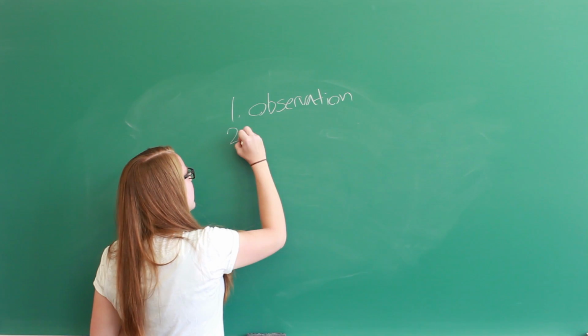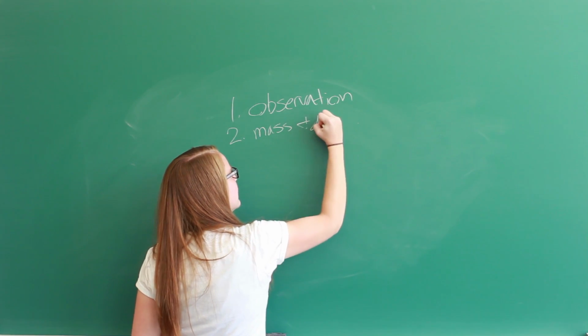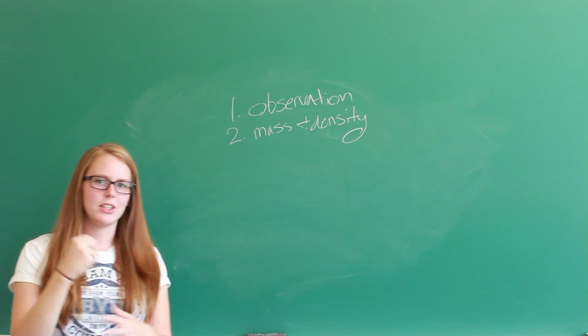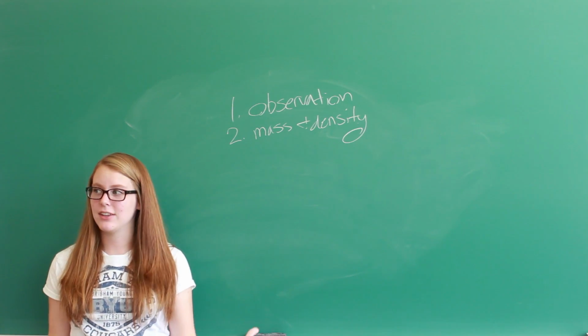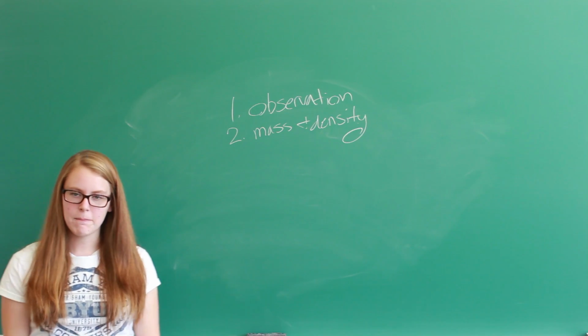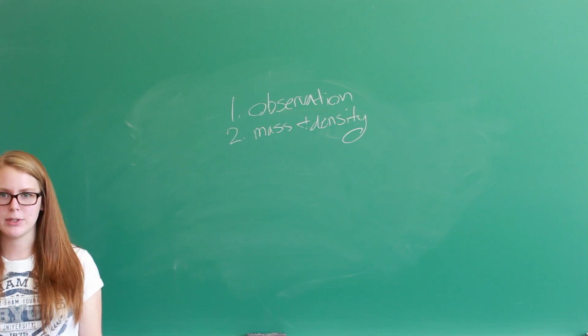Second, you can check the mass and density of the Earth. Through a series of equations with physics and everything, we've been able to calculate the mass of the Earth without actually putting it on a scale, and then calculate the density. So the density of Earth is about 5.5 grams per centimeter cubed.